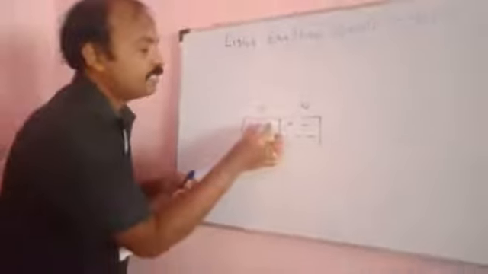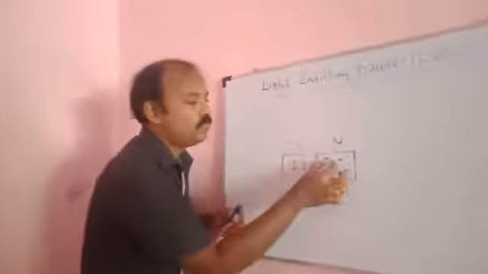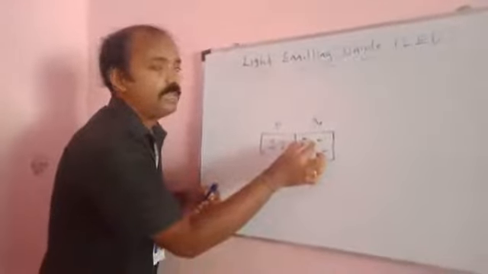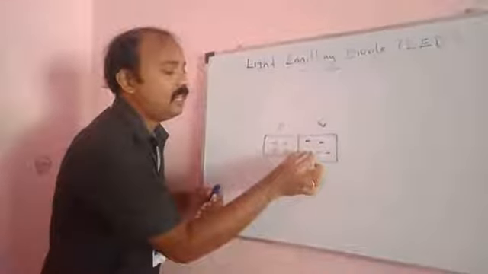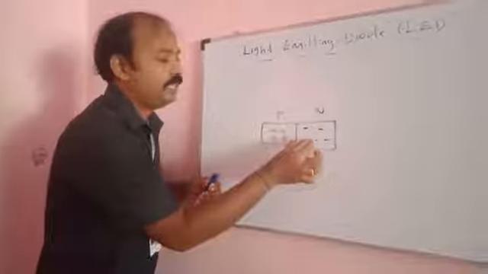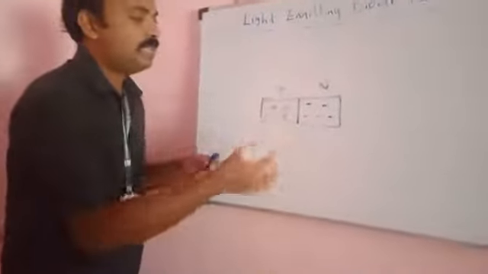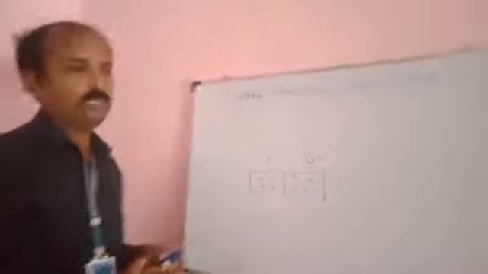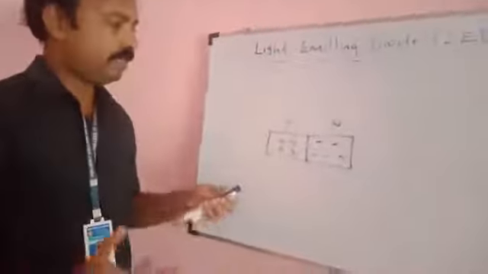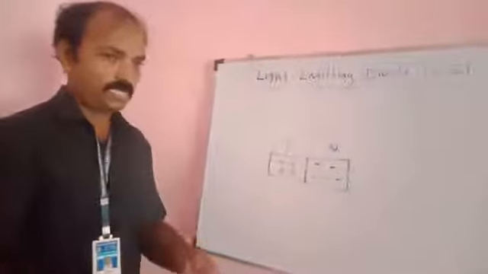That means the positive holes enter the N-type semiconductor, and electrons from the N-type semiconductor enter the P-type semiconductor. As a result of that, recombination takes place. As a result of recombination, the light is produced. That is injection luminescence.